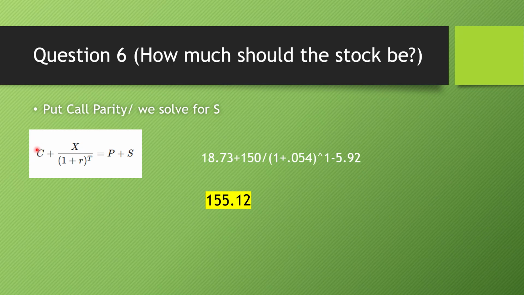So here, C is obviously for call. This is the call information, 18.73, and then since we're solving for S, obviously you subtract P. We have this minus 5.92, which is the trade price for the put.